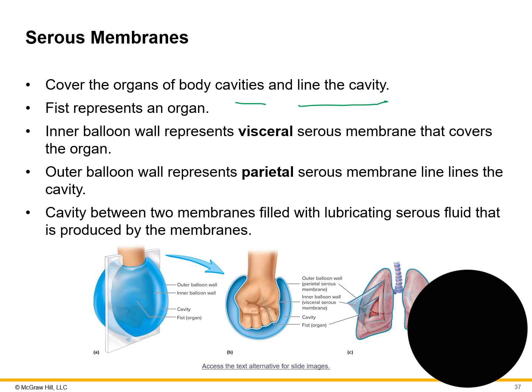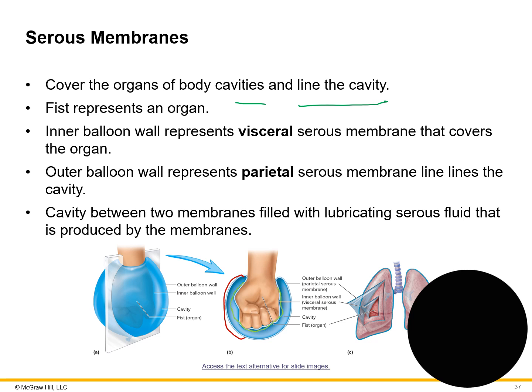We take a water balloon, okay, and you put your fist into the water balloon. When you put the fist into the water balloon, there are two covers. Think about this as the outer covering. Then there is an inner covering over here closer to the fist itself.